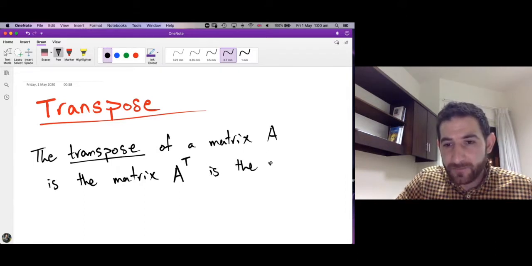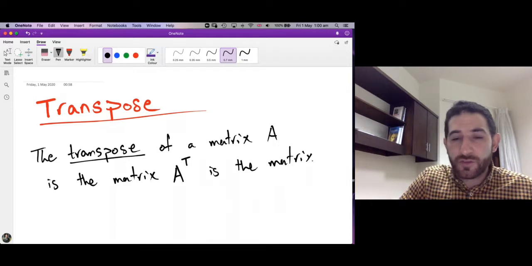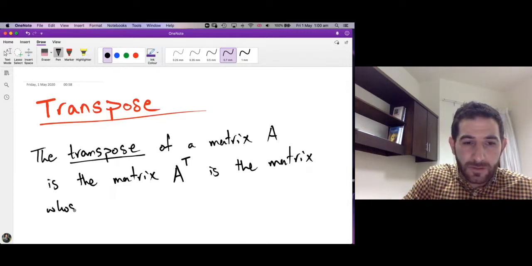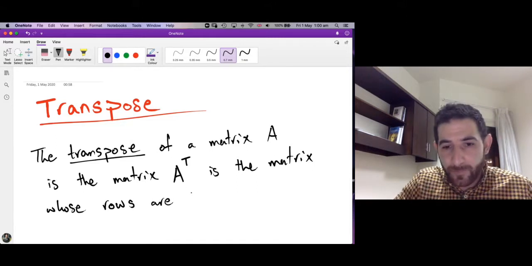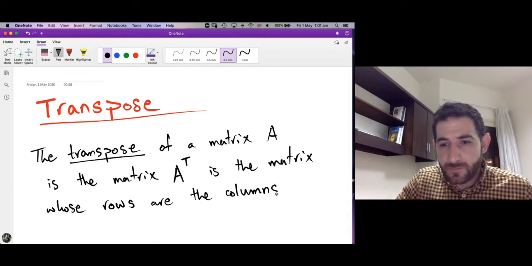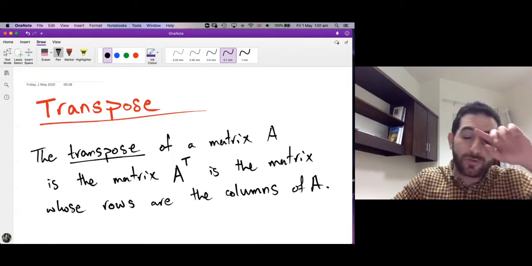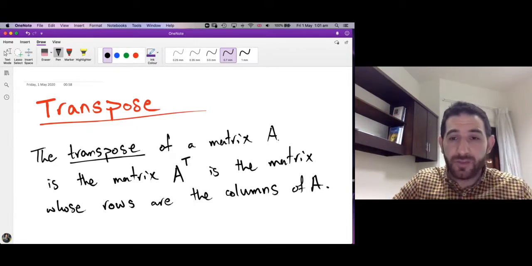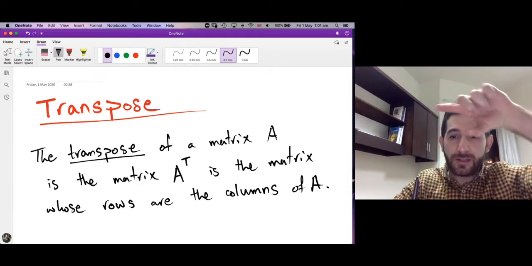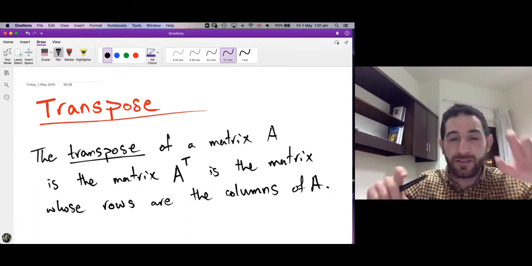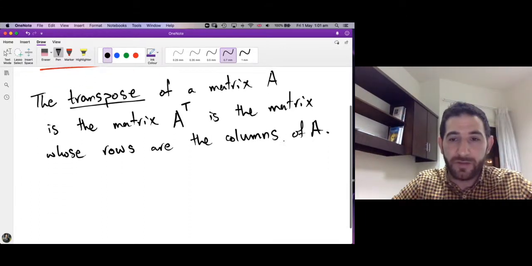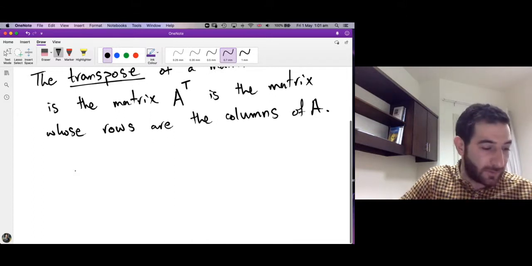It is the matrix whose rows are the columns of A. So this means to construct A transpose, you take the first column of A and make it the first row of A transpose, and you take the second column of A and make it the second row of A transpose. So let's take a quick example.